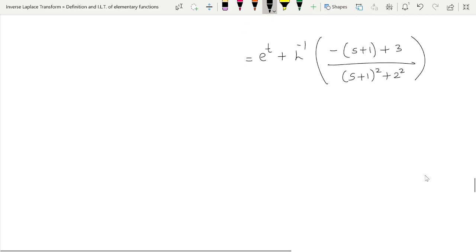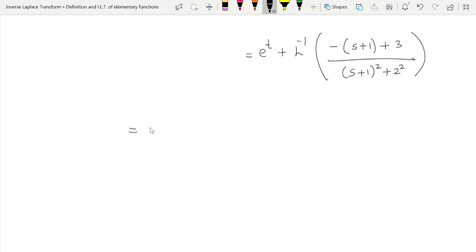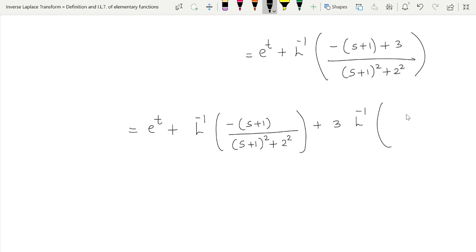Which is further equal to, now separate the numerators, so this will be e raised to t plus L inverse of, inside the bracket, minus of s plus 1 upon s plus 1 whole square plus 2 square, plus that constant can be taken out, so L inverse of 1 upon s plus 1 whole square plus 2 square, which is further equal to e raised to t plus, now this minus sign can be taken out, so I will take it here only, so this will be minus.